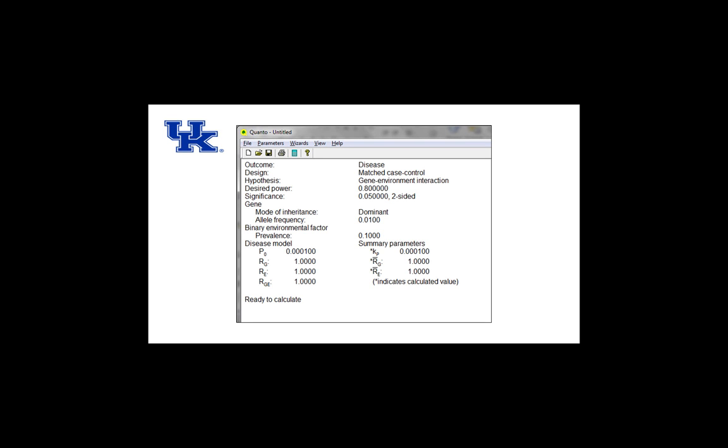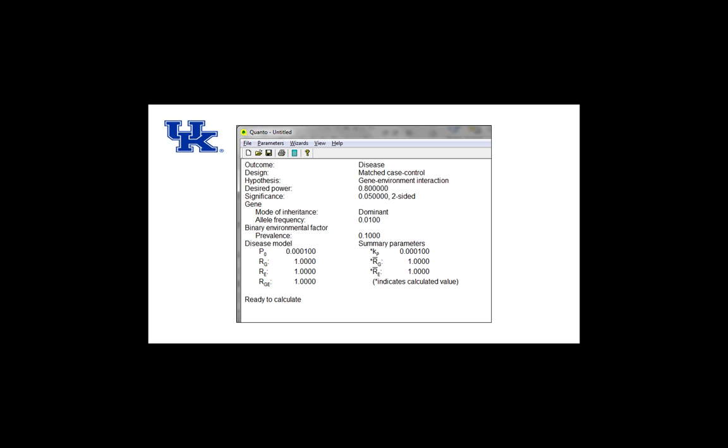Again, this is more so that we can be thinking about these parameters. The Quanto documentation is good, and I'll place that on the website. We'll go through examples that they have as well, so if you have questions later on that you're dying to have answered, you can get those answered.